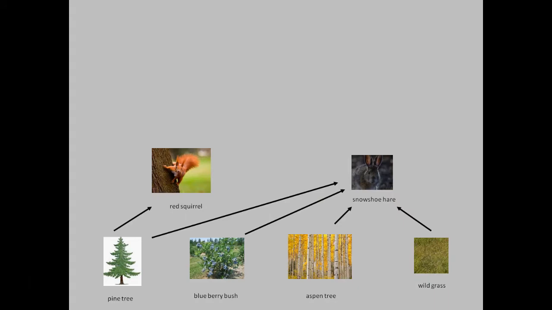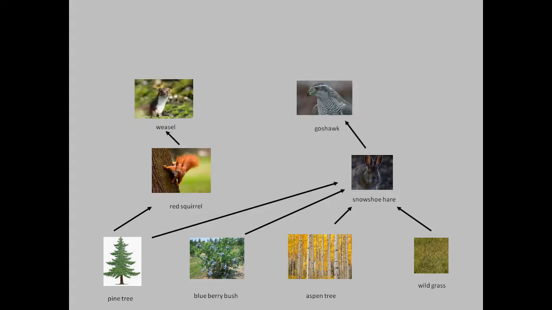These primary producers are then eaten by our herbivores, and so they go one level up, and we try and place all of our herbivores on the same level. Okay? And then our herbivores are eaten by our primary consumers, and so we put them another level up. When we place the organisms in the food web, we're trying to maintain our trophic level.